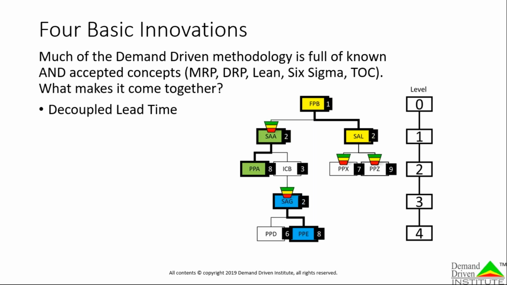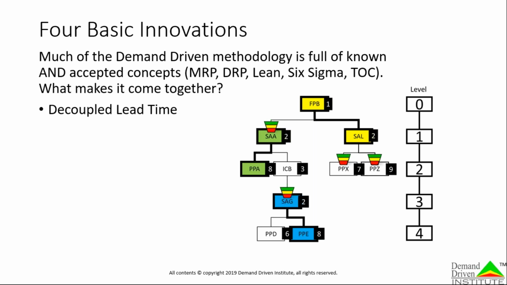But then we have cumulative lead time. Cumulative lead time is really the secret sauce of MRP, because that's what it really uses to calculate. It says, okay, cumulative lead time is the longest path in time through the product structure. And if you really think about it, what it assumes is no child components are ever available. But the minute that we put in decoupling points, that assumption becomes invalid.